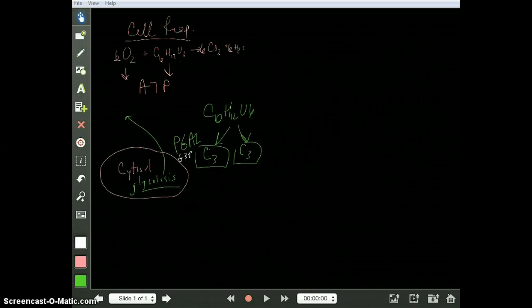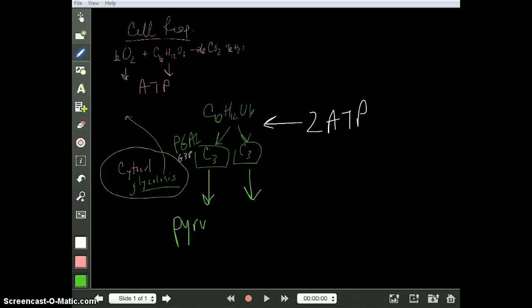Now, in order to split that up into two different structures, I needed to expend some energy in the form of 2 ATP. So I had to use some energy up. But I want to take this G3P structure and convert it into pyruvate.